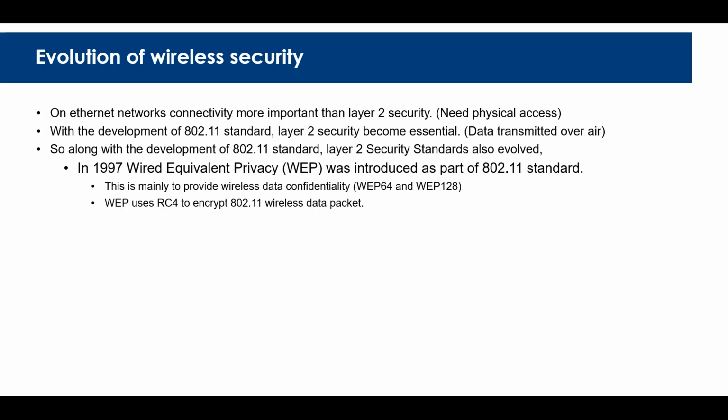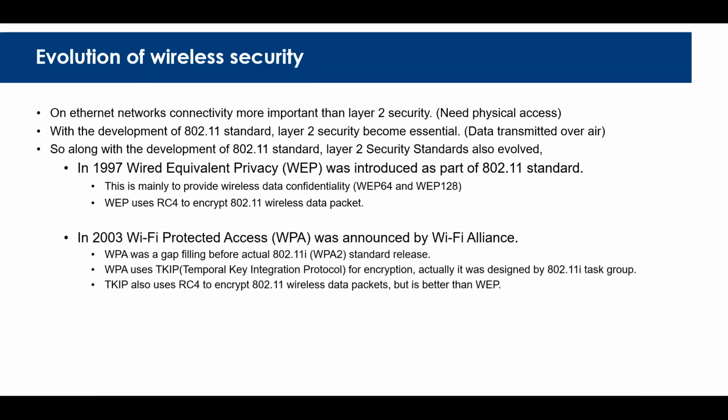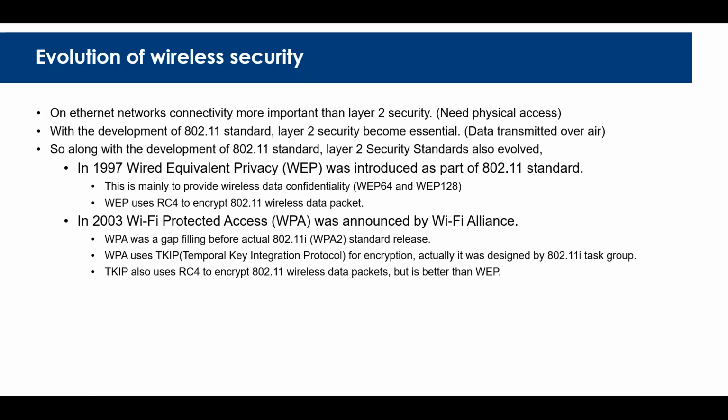But the WEP encryption method was weak, so it was cracked within a couple of years after the release. So Wi-Fi Alliance announced WPA, or Wi-Fi Protected Access, in 2003 as a replacement of WEP. WEP was a gap filling before the actual 802.11i WPA2 standard release.